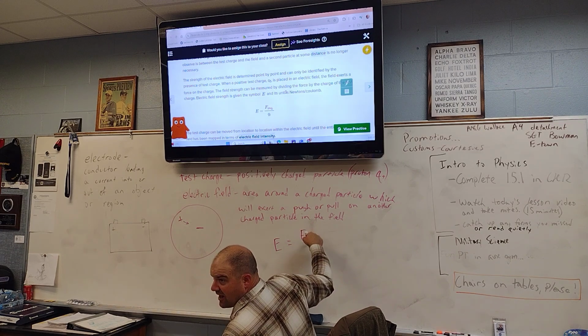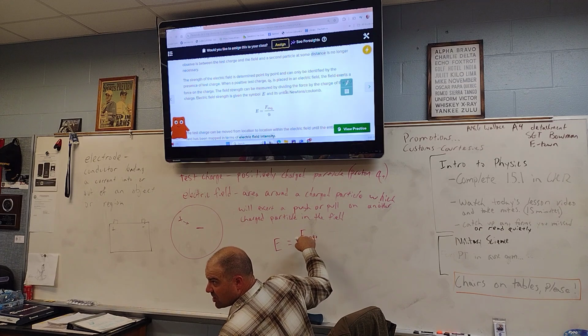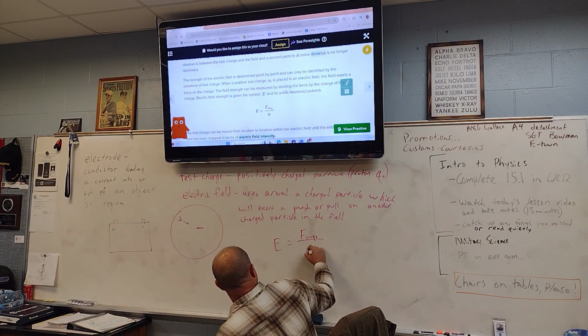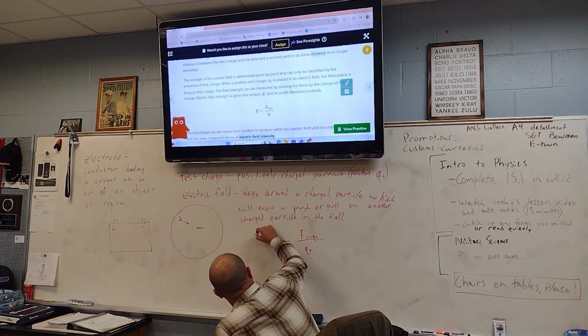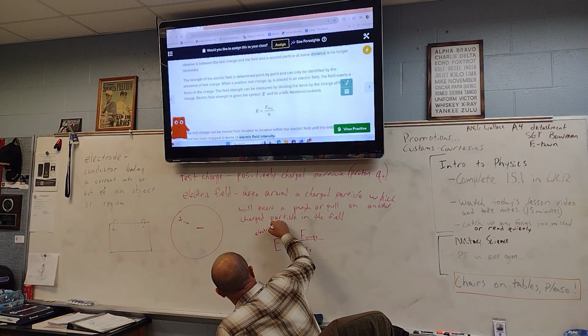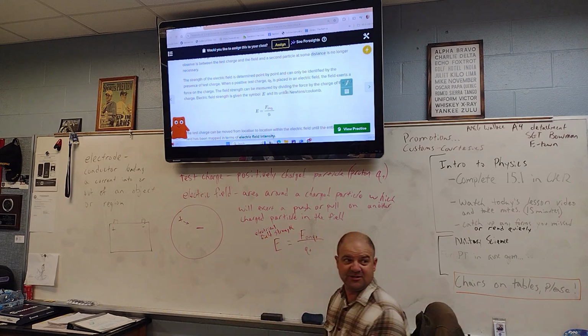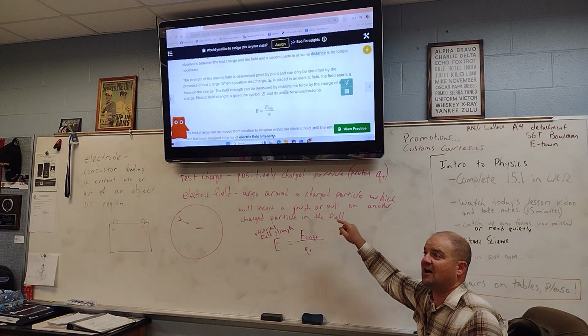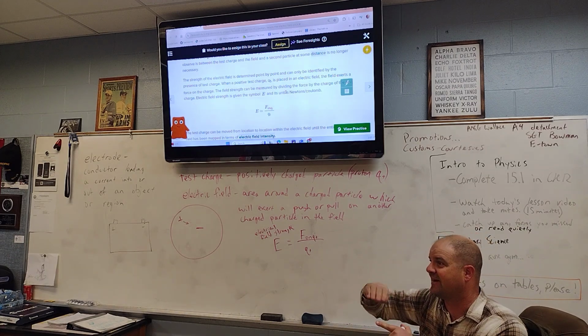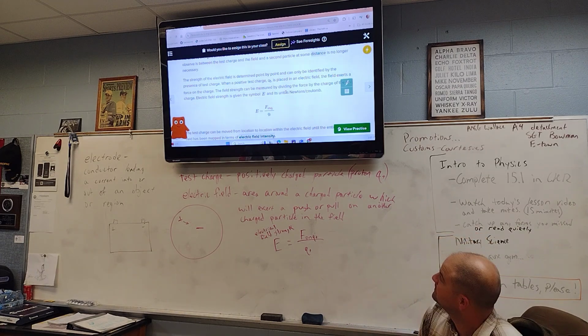So the force on the test charge divided by the test charge. E is the electrical field strength. In other words, how strong the electrical field is is equal to the force on the test charge divided by the test charge.